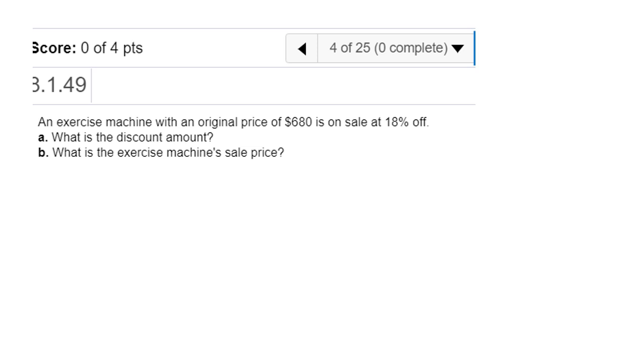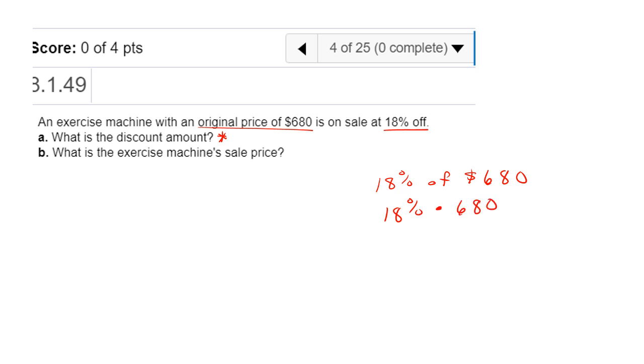For question number 4, we're going to see that something is on sale. The original price is given to be $680 for an exercise machine, and it's 18% off. So we want to find 18% of the original $680. That's going to be the discount amount right here for question A. That will be 18% times 680.